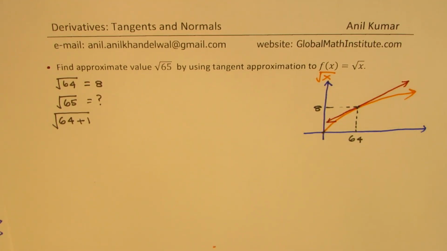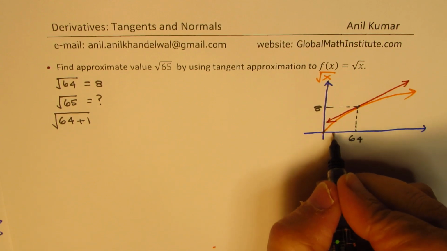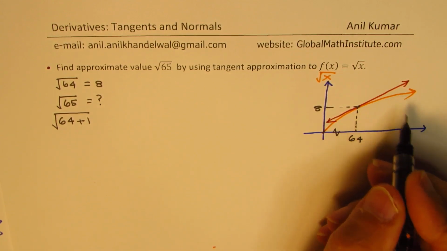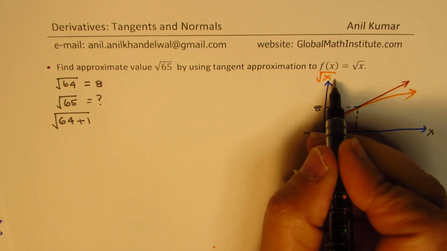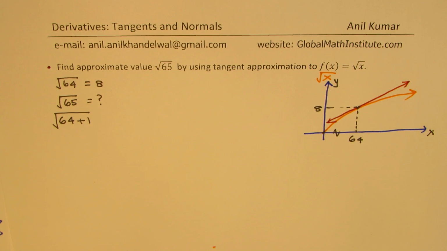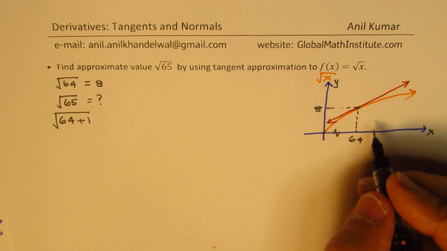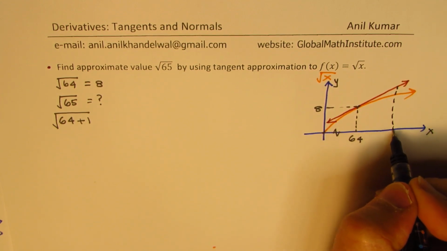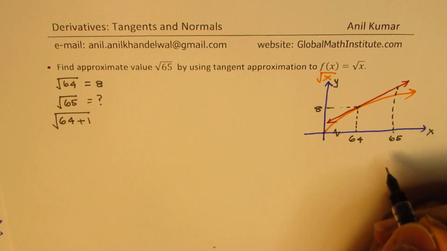Is that clear to you? So let's break this down a bit. I want to give you a wider view so that you can appreciate what we are trying to do here. So what we will do is we'll figure out a point. Let us say that 65 is somewhere here.